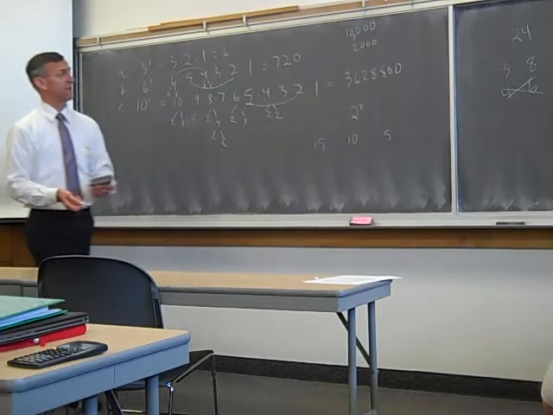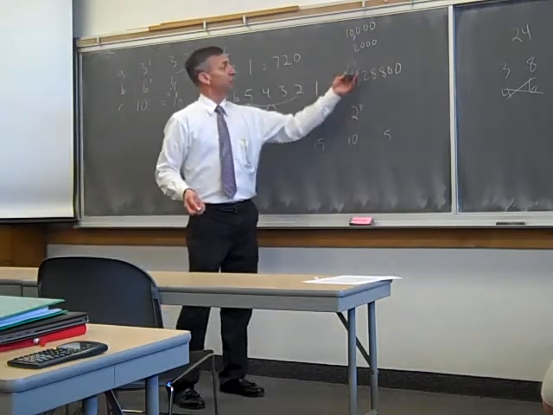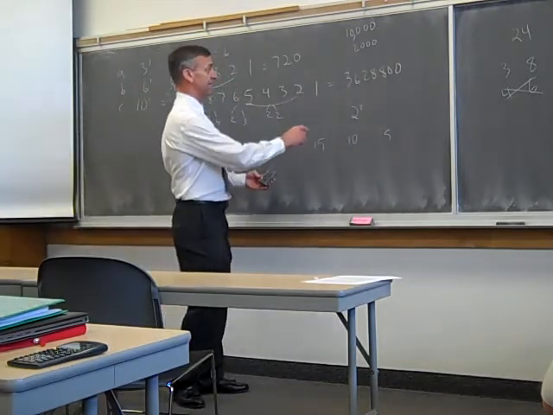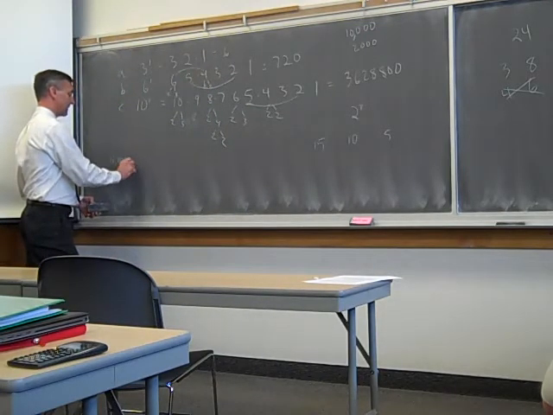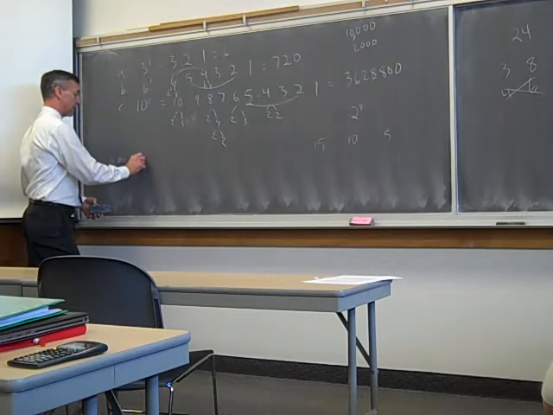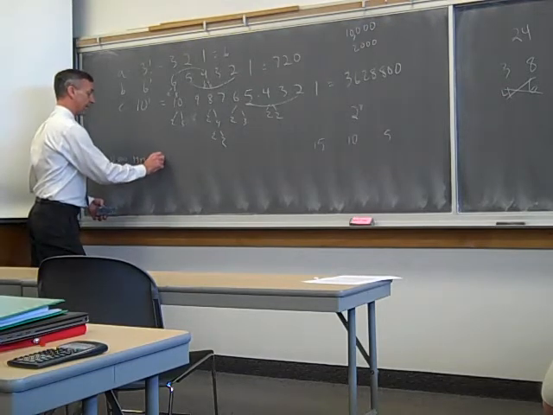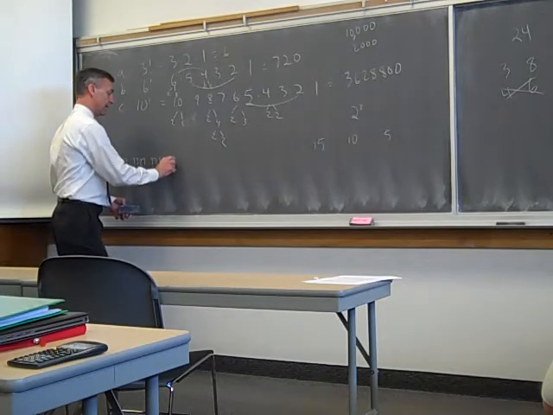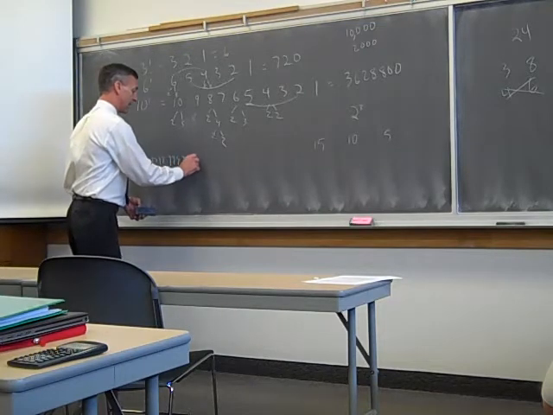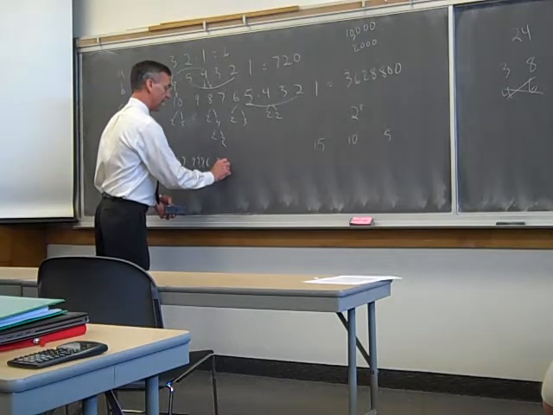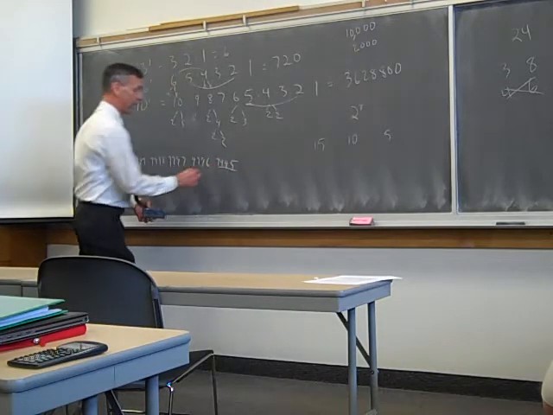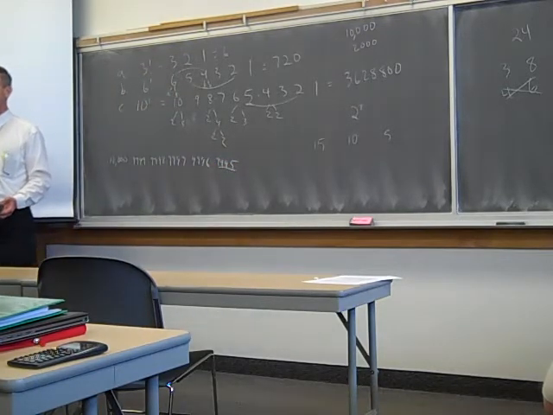Does everybody see that in this big old list of numbers that starts out 10,000 times 9999 times 9998 times 9997 times 9996 times 9995, that one is going to have a factor of 5 in it.